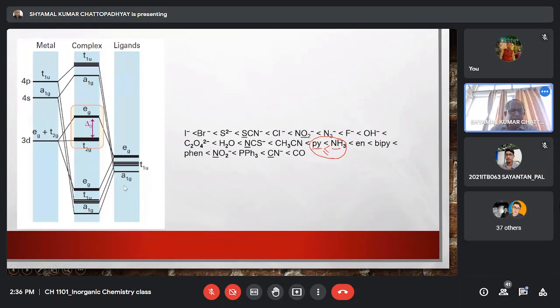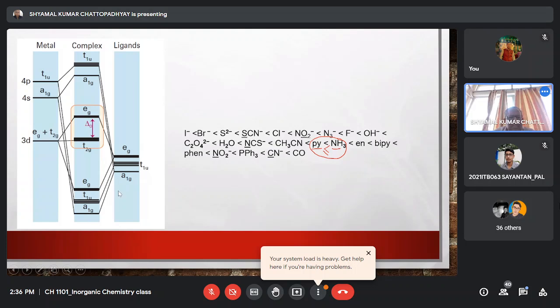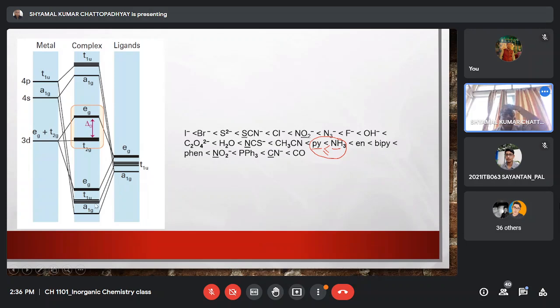Remember that each of the ligand brings a pair of electrons. So 6 ligands bring 12 electrons, that means 6 pairs of electrons. Now these 6 pairs of electrons, obviously here we have 1 pair, here we have 3 pairs, and here we have Eg pairs. So these lower bonding orbitals will be completely filled up, right? Because the 12 electrons donated by the 6 ligands will be accommodated in these 3 sets of bonding orbitals.